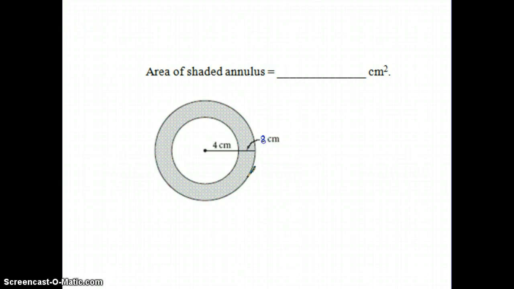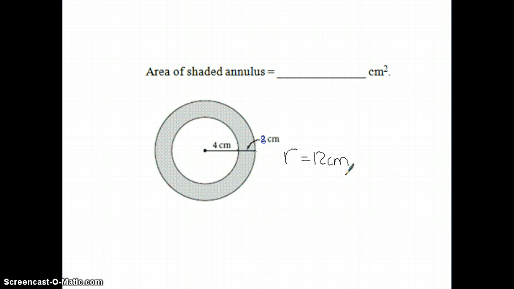In order to find the radius of the larger circle, I have to figure out how long it is from the center to the edge of the large circle. I know from the center to the small circle is 4, and the small circle to the edge is 8, obviously not drawn to scale. And so I know the whole radius of the large circle is 12 centimeters.